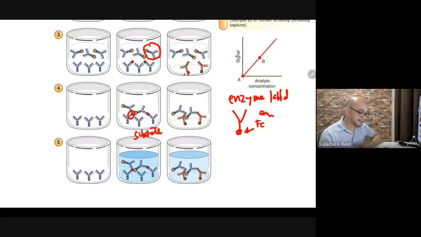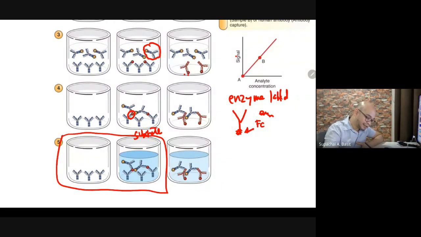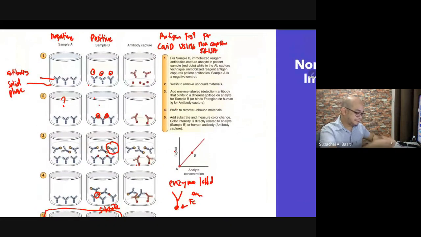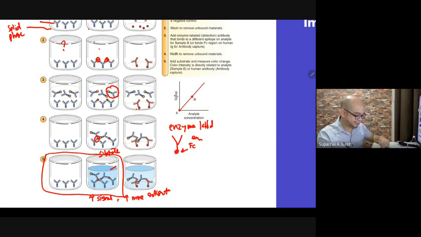The more intense the color, the greater the increase in signal. And an increase in signal means that more antigen is present. So this is an example of a positive patient for SARS-CoV-2. Now, sample A is negative for SARS-CoV-2.